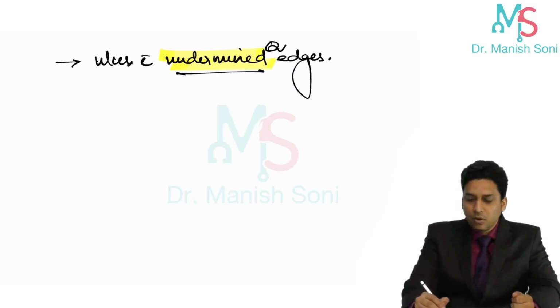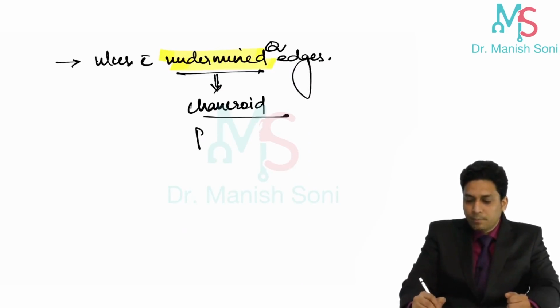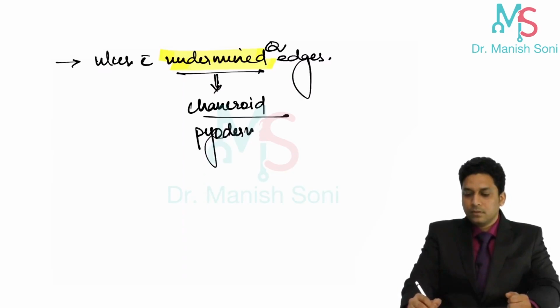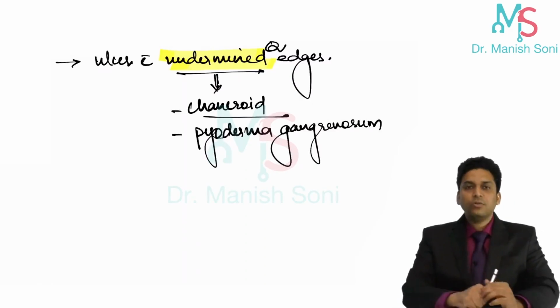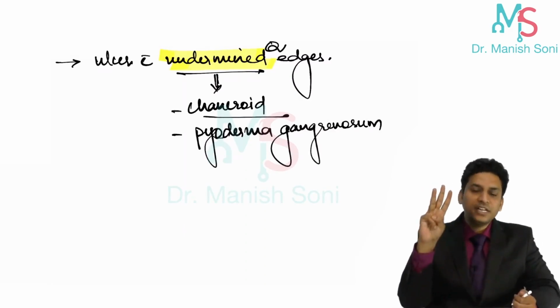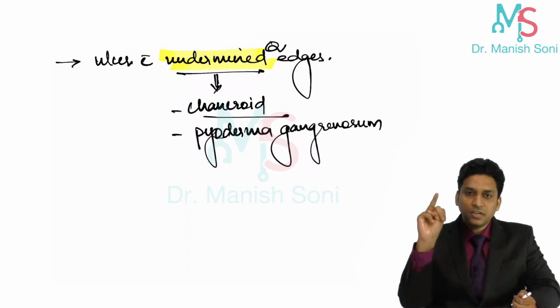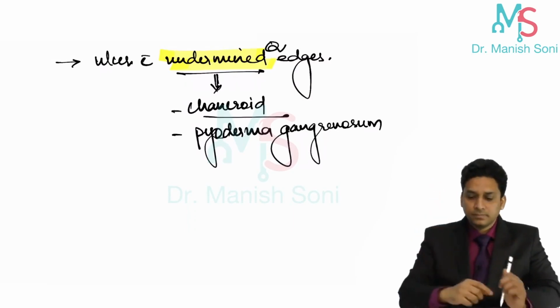They are also seen in chancroid and pyoderma gangrenosum. So now you know three important conditions where undermined edges are seen: tuberculosis, chancroid, and pyoderma gangrenosum.